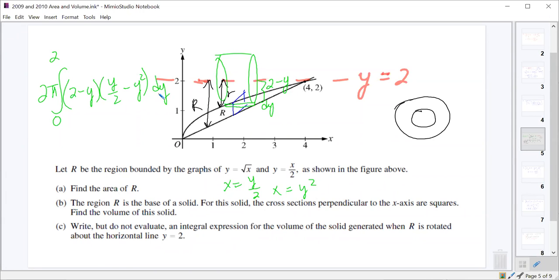And that answer won't show up in their scoring guide, but if you were to write that as your answer, you would get full points for that. Does that make sense? Good with that?